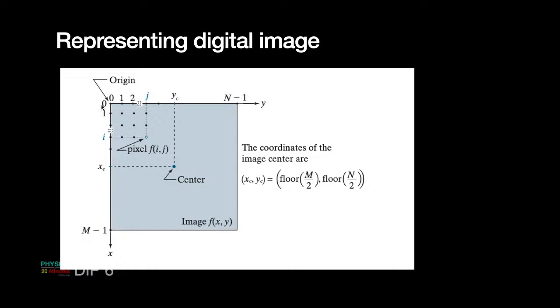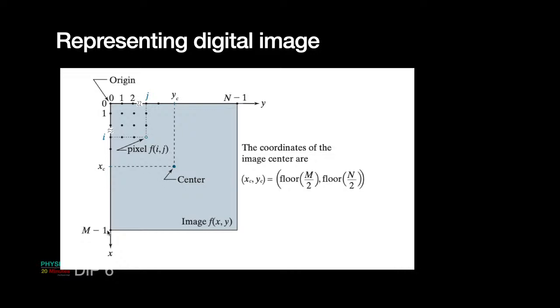Similarly, the vertical sampling results into the number of rows of the image. So you can have m number of rows. This is the first row, second row, third row, fourth row, etc. And again the counting begins from 0 and ends at m minus 1.